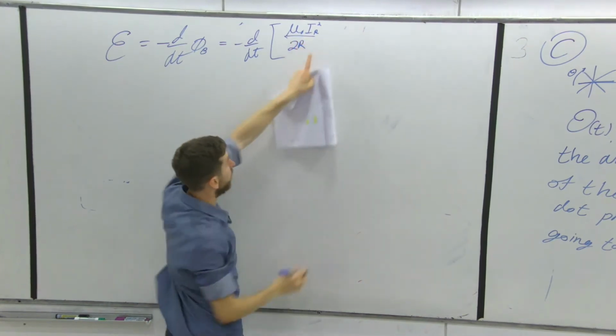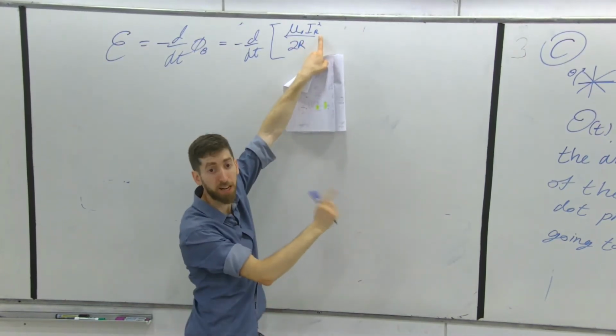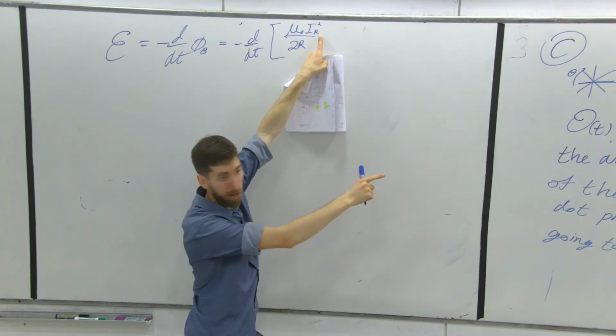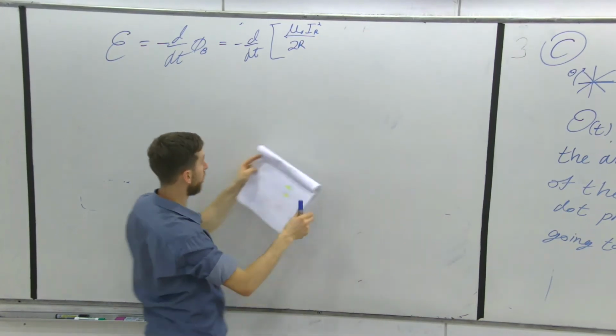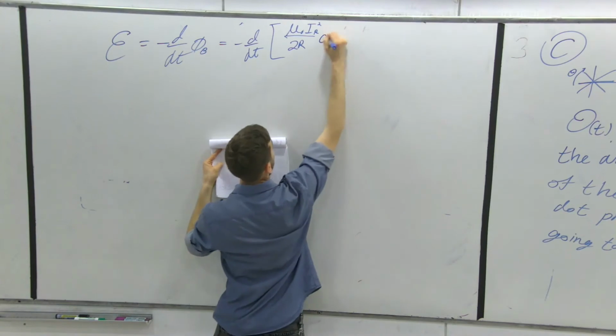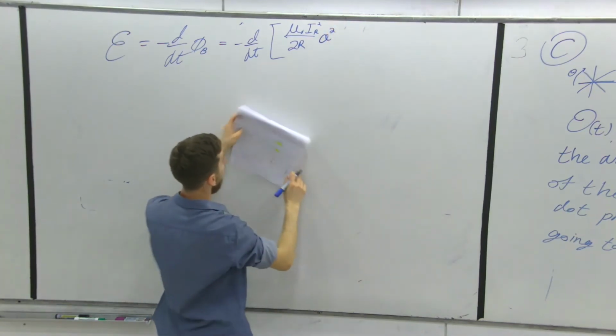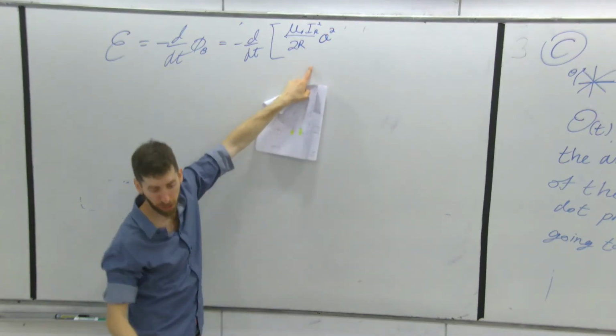Notice that I put "of the ring" because we're going to have another current, it's coming up, so I want you to notice it's not the same. I squared.